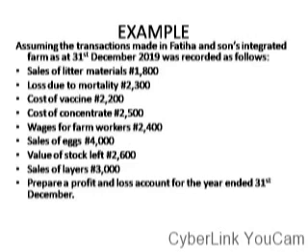And that's why we have this example here. Assuming the transactions made in Fatia and Sons Integrated Farm as at 31st of December 2019 were recorded as follows: the sales of litter material at 1,800, loss due to mortality at 2,300, cost of vaccine at 2,200, cost of concentrate at 2,500, the sales of eggs at 4,000 naira, value of stock left at 2,600, sales of layers at 3,000 naira.